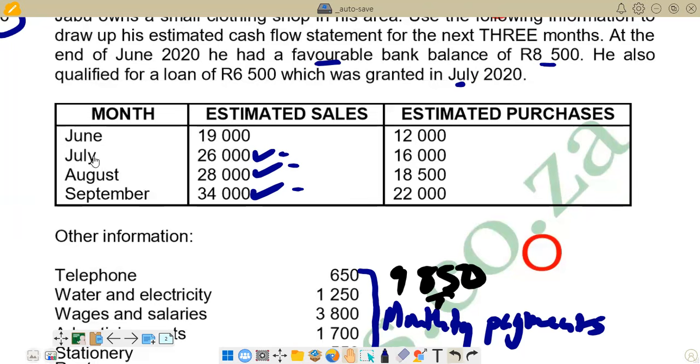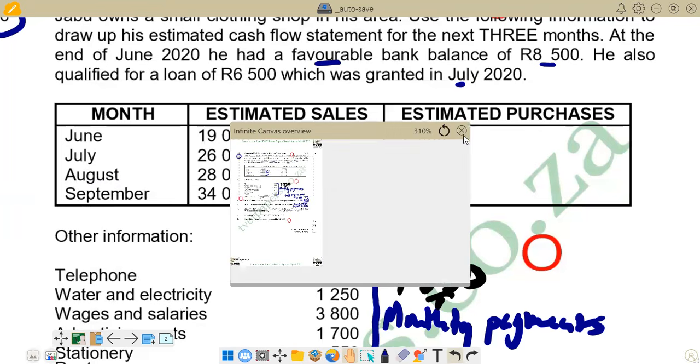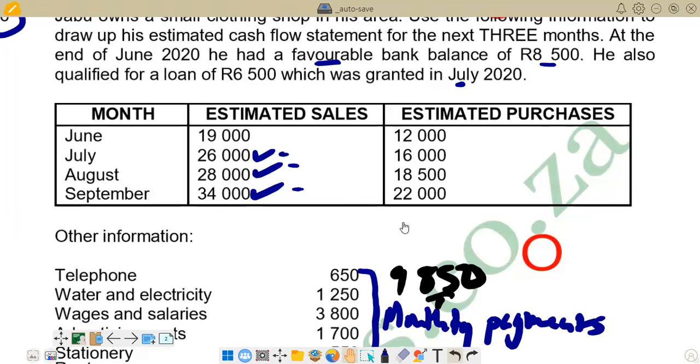So we are going to start from June. Then credit sales for July will be received in August, so we record them in August. Then for August, we calculate the credit sales, and they are going to be received in September. So that's the issue that we have there. And remember, the proportion that we have there is 40%.